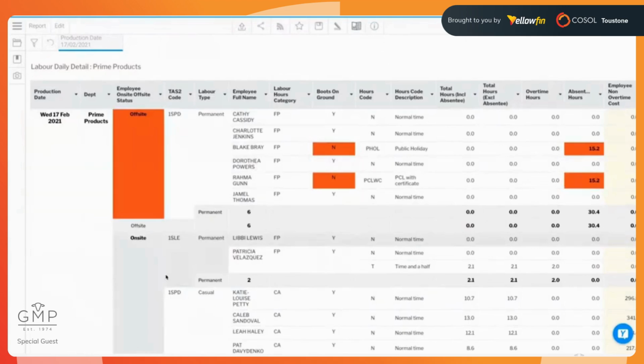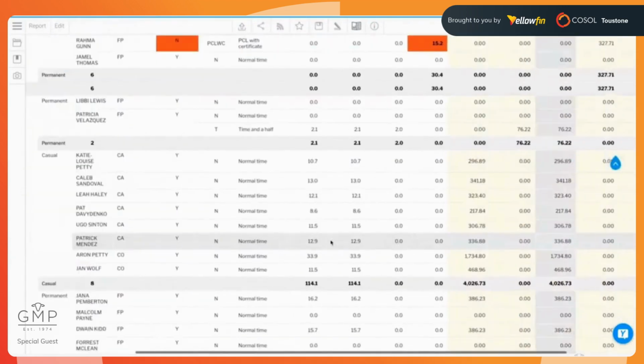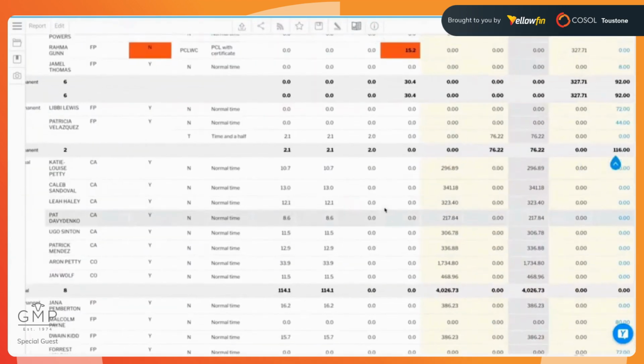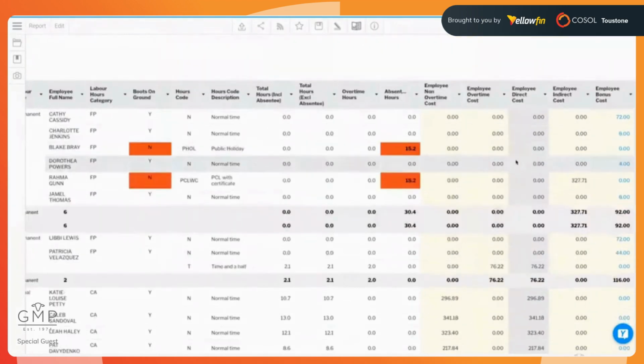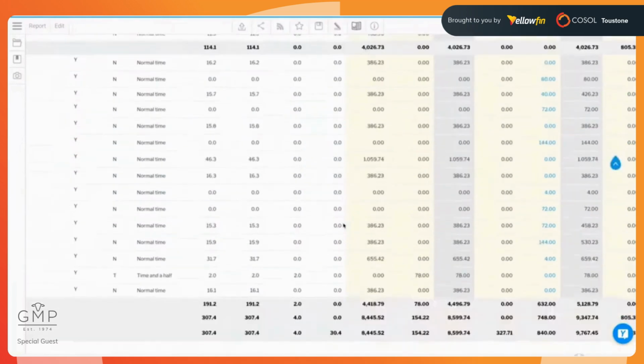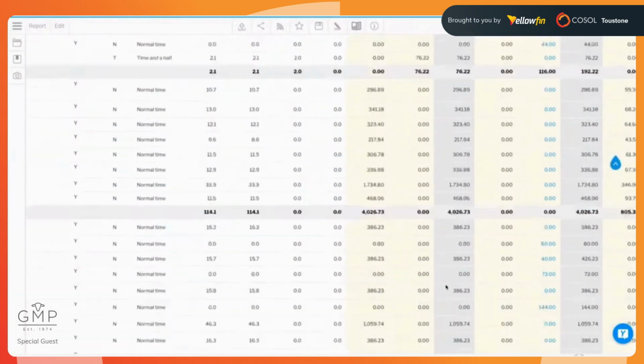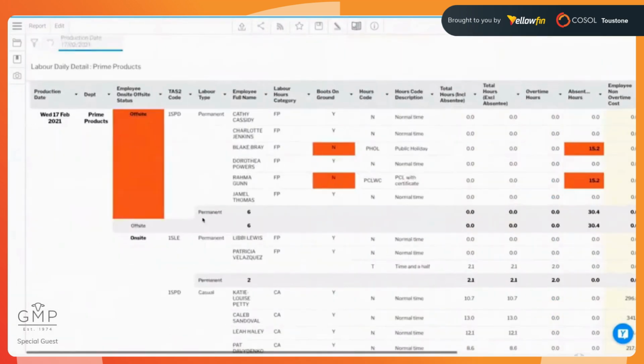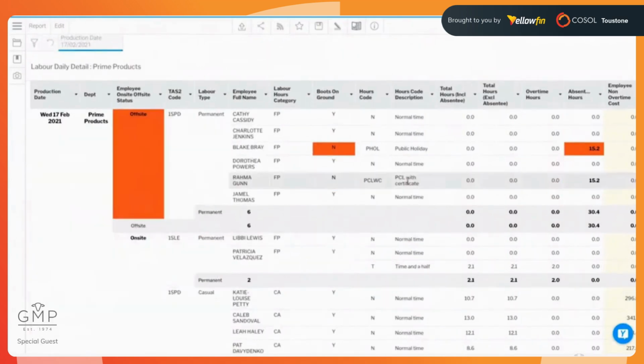We're now down into the individual employee themselves: hours, costs, overtime, non-overtime, direct costs, indirect costs, any bonuses paid, and so on. Ultimately, down the bottom, we've got the day's total labour cost that is able to then be fed back into our overall metrics. The key thing, we've got flags here so we can highlight red, green, and so on, areas of interest.